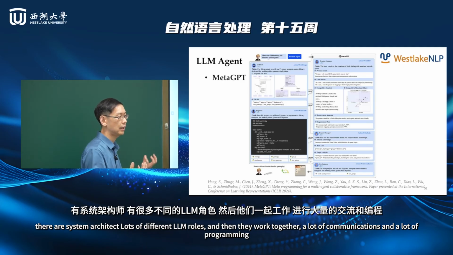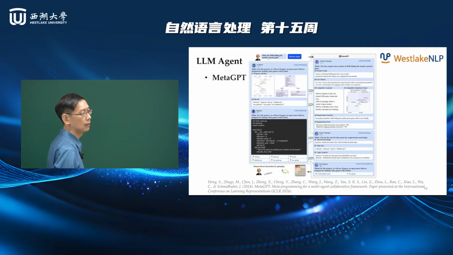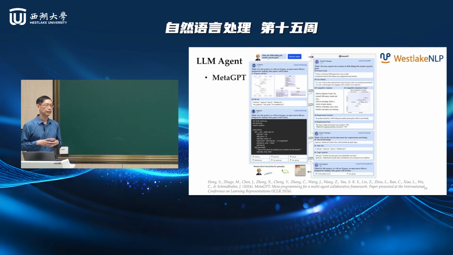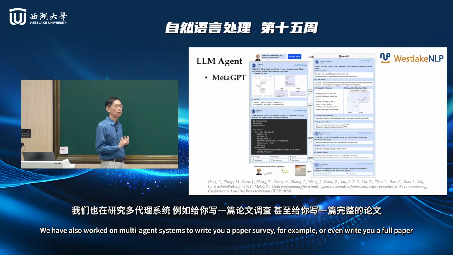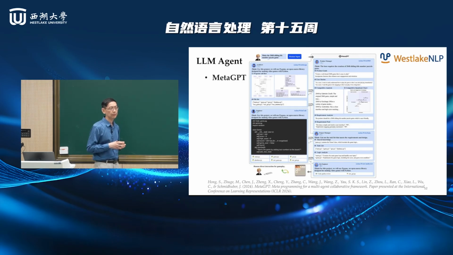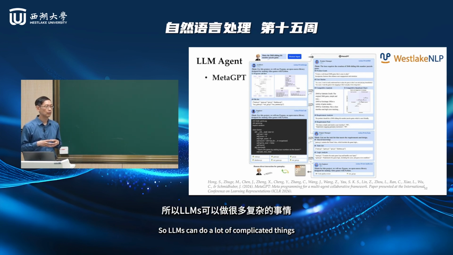And then they work together, a lot of communications and a lot of programming. In the end, they deliver a product to the user. So this is a multi-agent system. We have also worked on multi-agent systems to write you a paper survey, for example, or even write you a full paper. So LLMs can do a lot of complicated things.